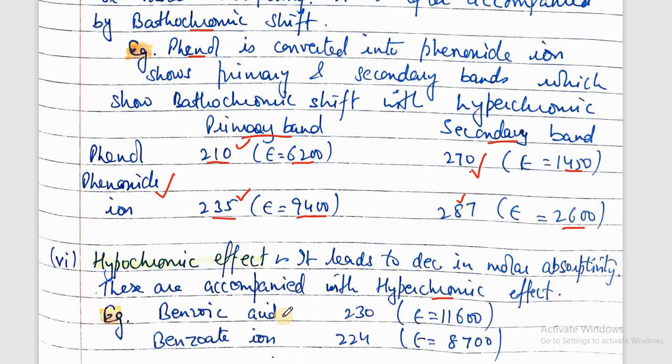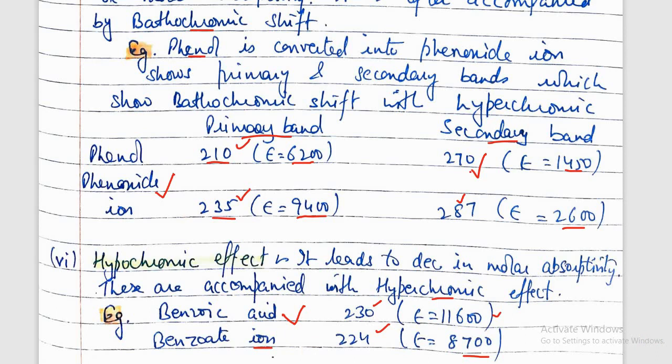In benzoic acid, the absorption takes place at 230 nanometers and the epsilon value is 11600, but when it is the benzoate ion, the lambda value decreases and the epsilon value also decreases. So it leads to a decrease in molar absorptivity. The hypochromic effect is a decrease in molar absorptivity, and this is observed in benzoic acid and benzoate ion. It is the opposite of phenol and phenate ion.